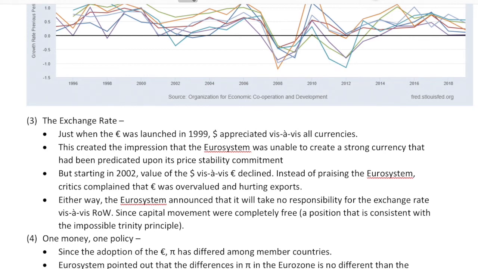Anyway, this created the impression that the Eurosystem was unable to create a strong currency because, of course, the dollar is more expensive than it used to be before the creation of the euro.